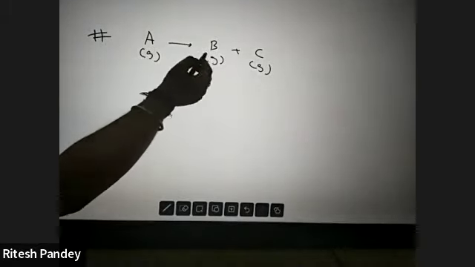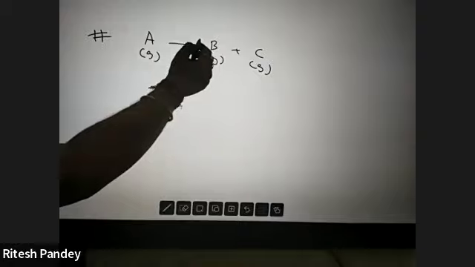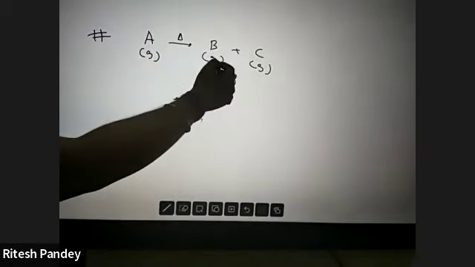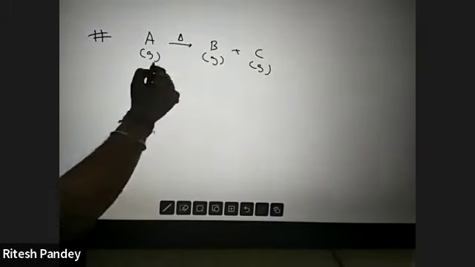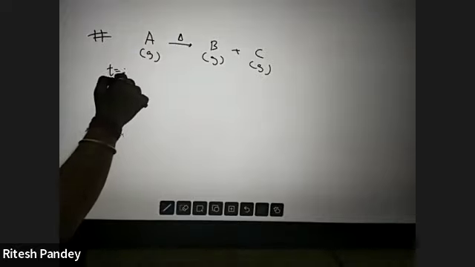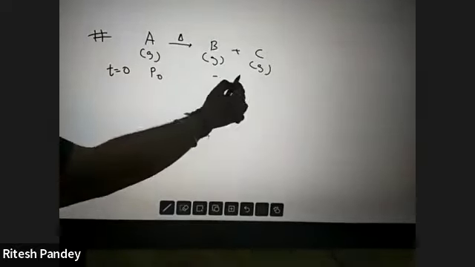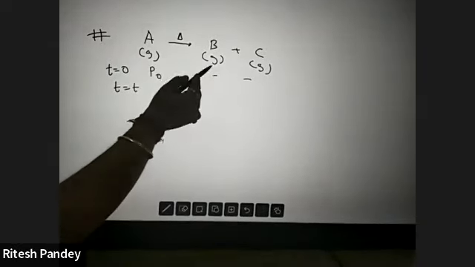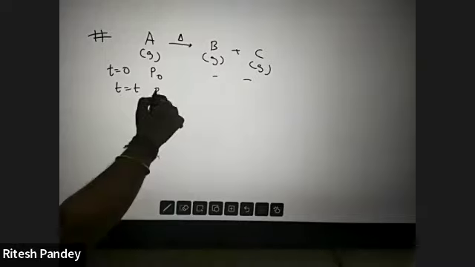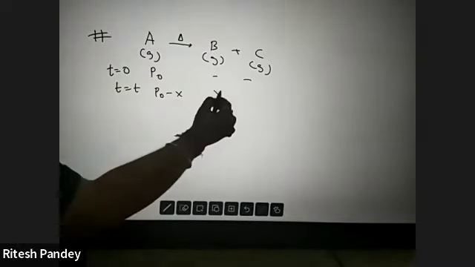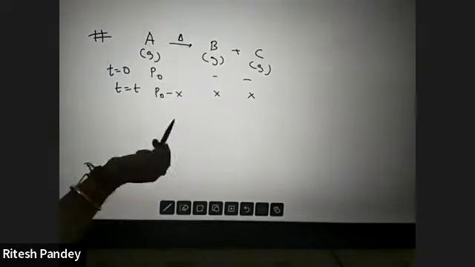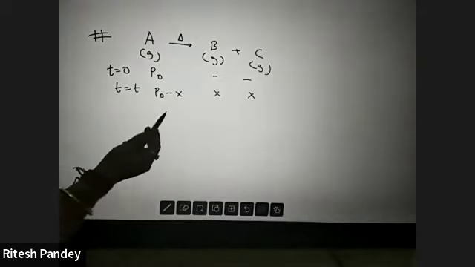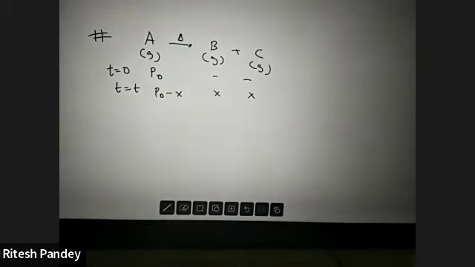A gaseous compound dissociating into two gaseous compounds. The ratio is 1:1:1. Now at time t is equal to 0, if the corresponding pressure is P naught, at time t is equal to T, temperature and volume remaining constant, the amount obviously is proportional to pressure if it's all gaseous.